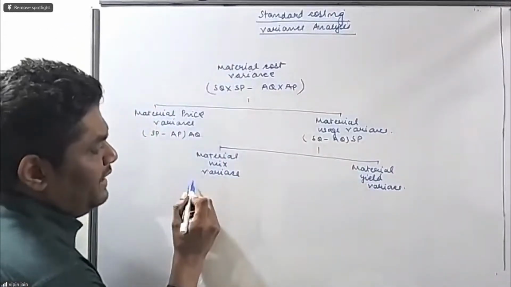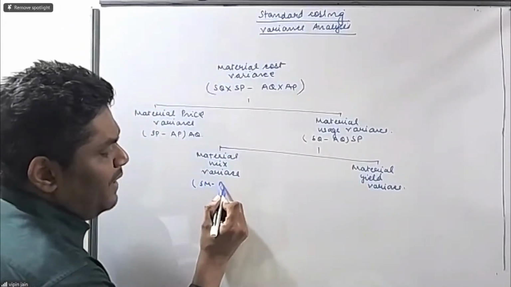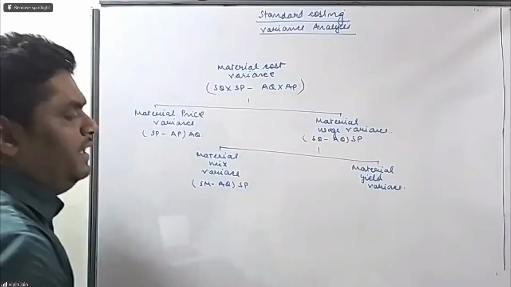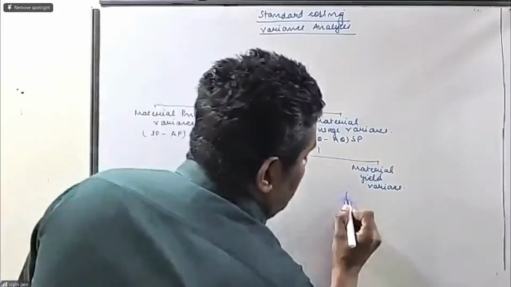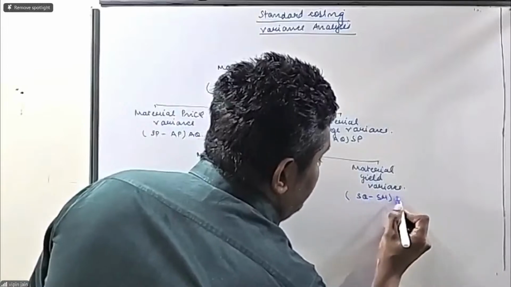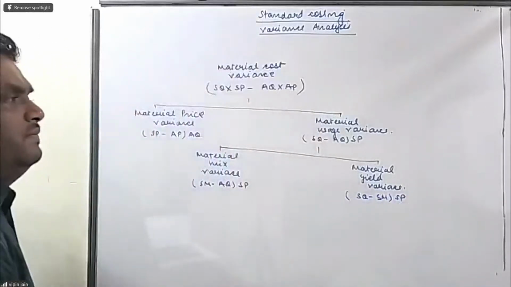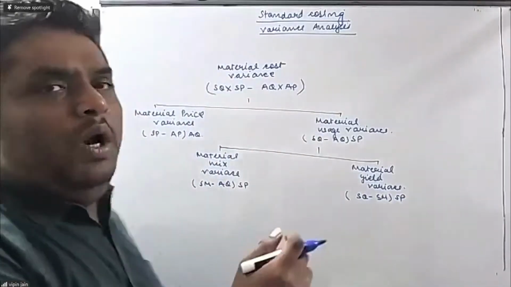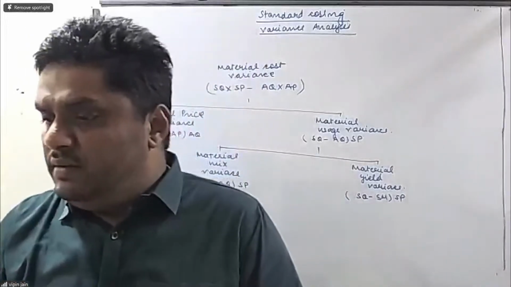When talking about material mix variance, it is standard mix minus actual quantity into standard price. And when talking about yield variance, it is standard quantity minus standard mix into standard price. So this is all what we discussed in the previous session.